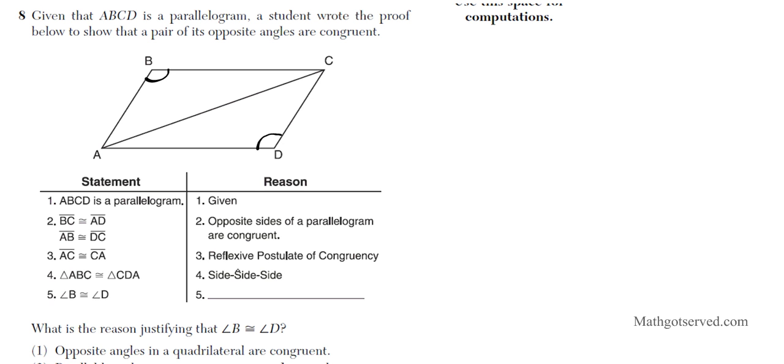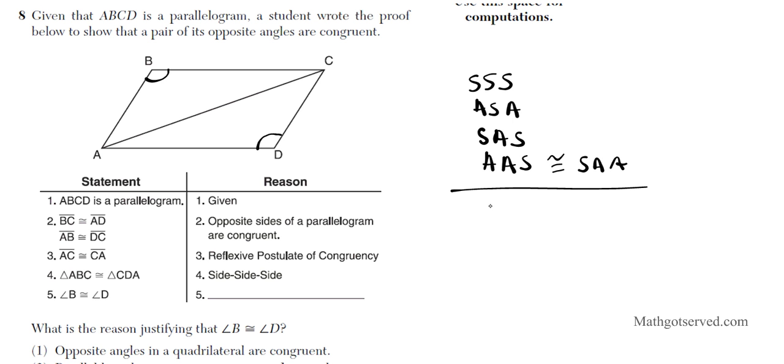Well, anytime you finish a proof using any of the triangle postulates, SSS, ASA, SAS, or AAS, which is the same thing as SAA, the next line is always that the congruent parts of congruent triangles are congruent. Because you have already established congruency using one of these, okay?